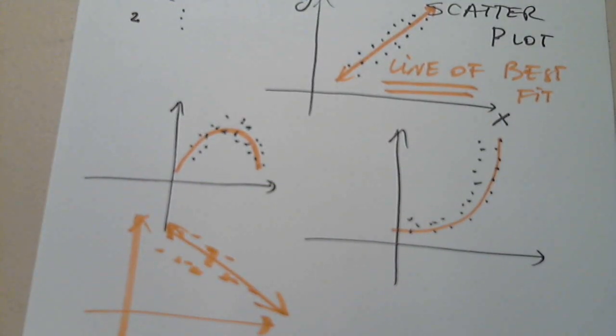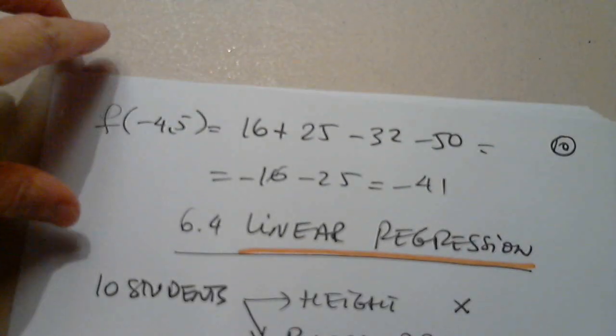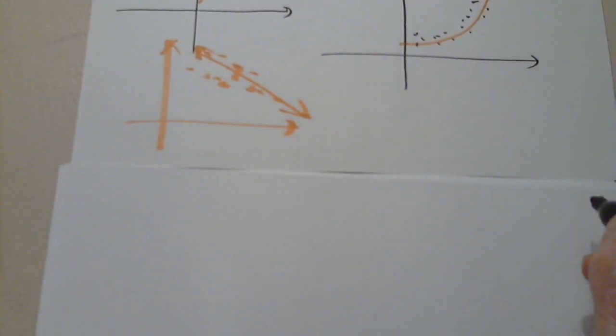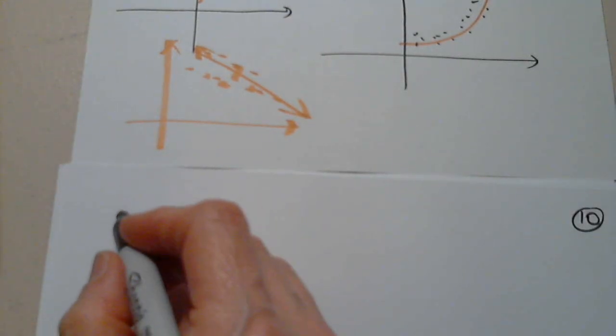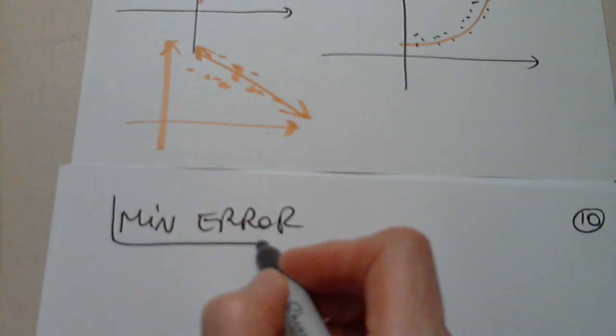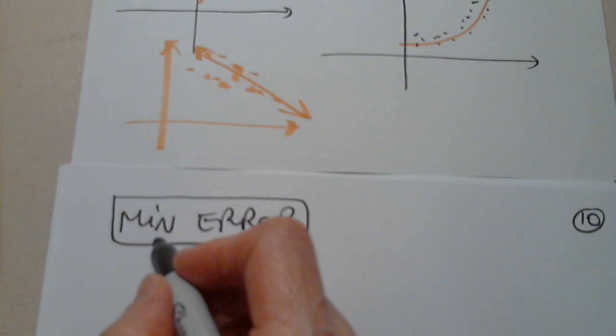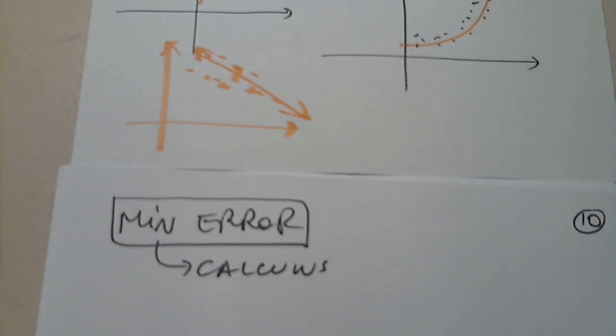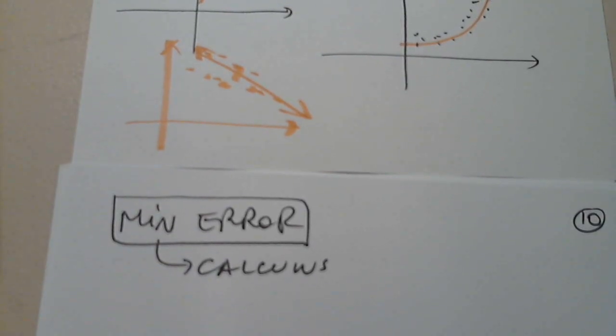All we want to do is here, and you can say, okay, well, where is the calculus part? Well, the calculus part that the calculator will do for us is in minimum error. Every time we talk about minimum, we talk about calculus. But we don't have to do anything because the calculator will determine the line of best fit for us.